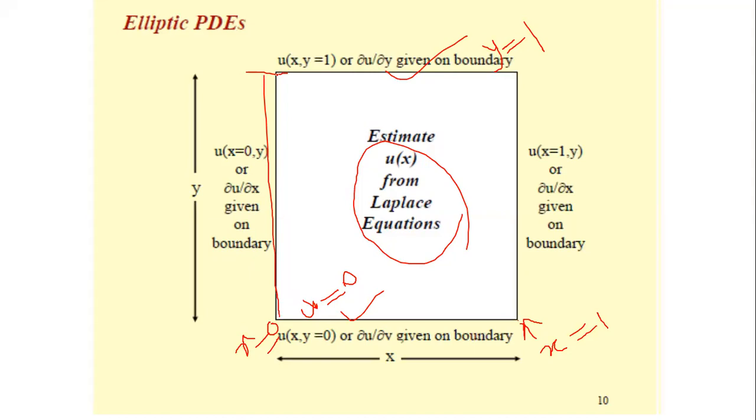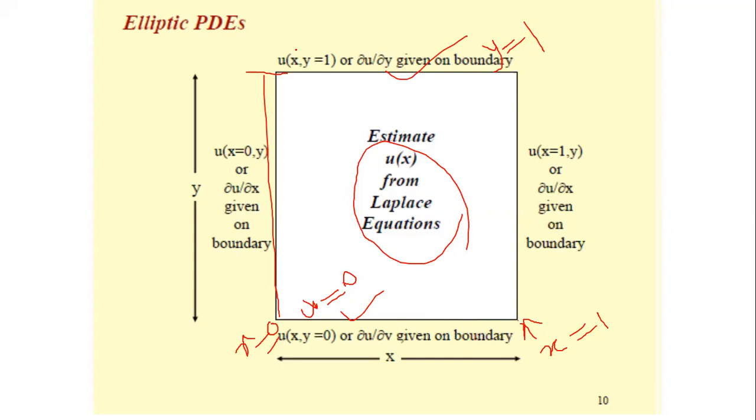So along all these edges of our problem, if the functional value is given, that boundary condition is called the Dirichlet boundary condition. And similarly, for del u upon del eta, or del u upon del y along this line, the function which changes is your y only.